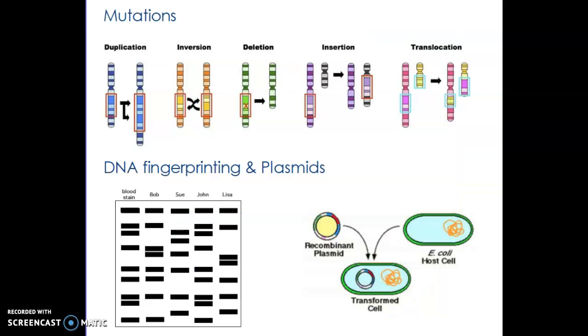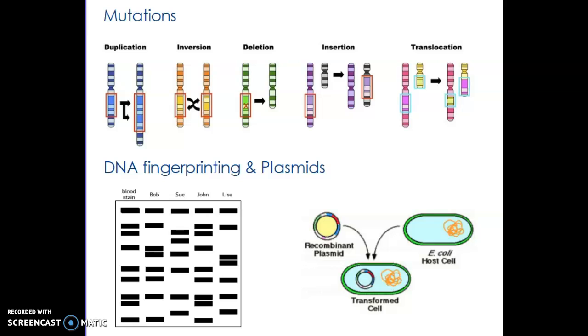Okay, all right, I just want to mention something super quick. Mutations will be on there, not necessarily the specific kinds, but what can happen. If there is a single base pair changed on the DNA, that could be a mutation because you could have one base turn into another one.